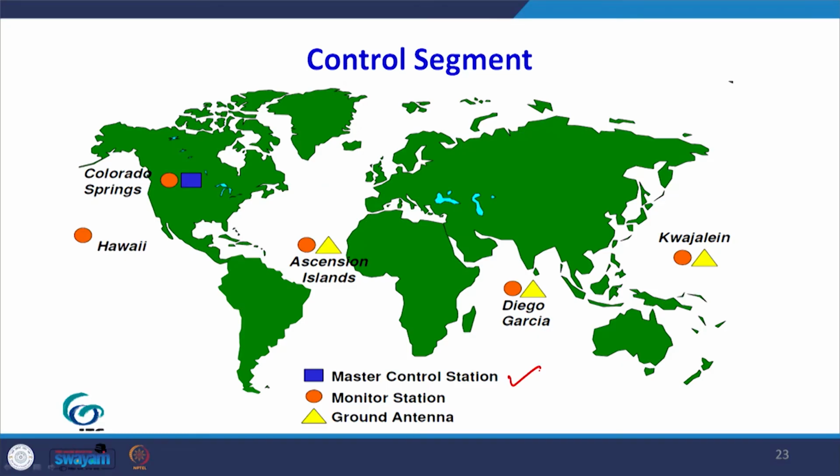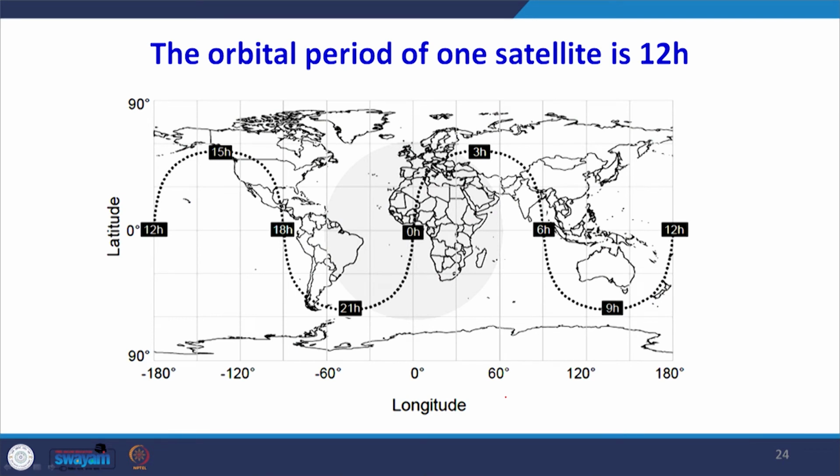If you see on the world map where these stations are located, we have one station which is called the master control station, shown by the blue color here, and the other stations are monitoring stations and the ground based antennas for communication purposes. They are quite well distributed around the globe and communicating with the satellites which have been launched.